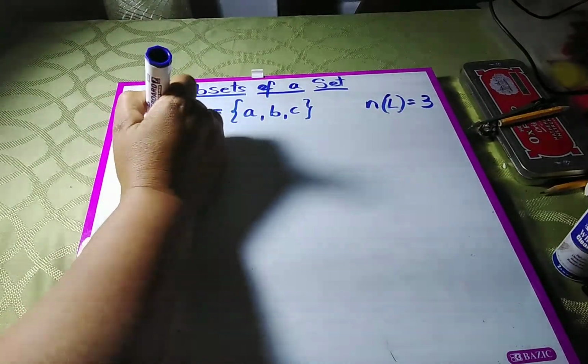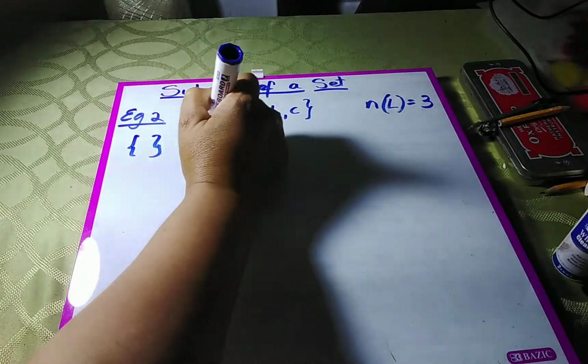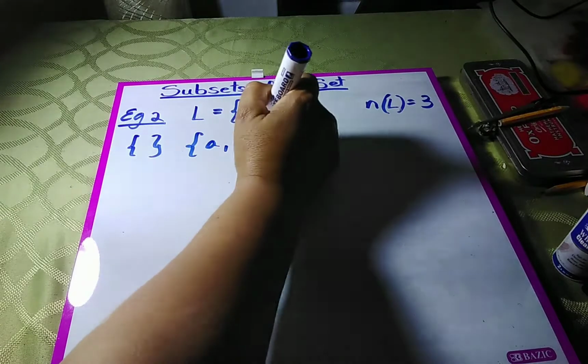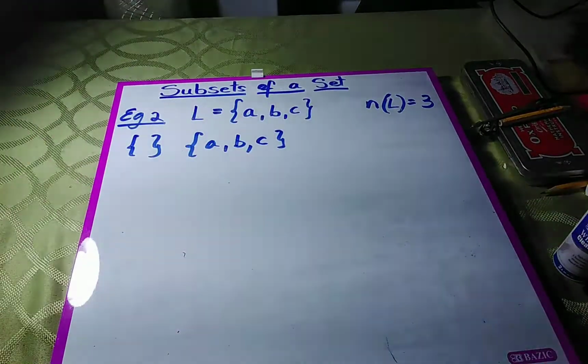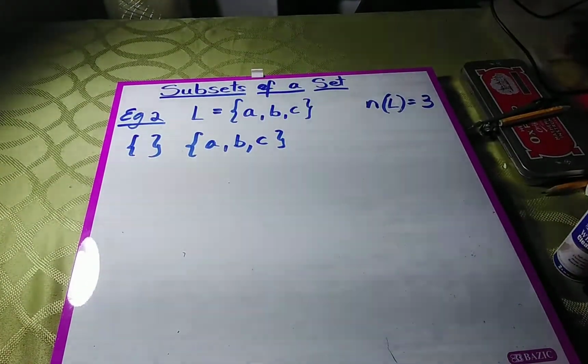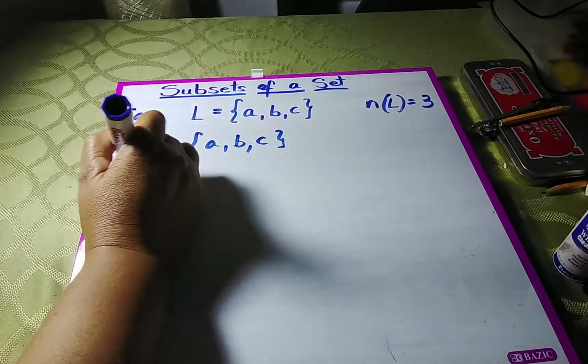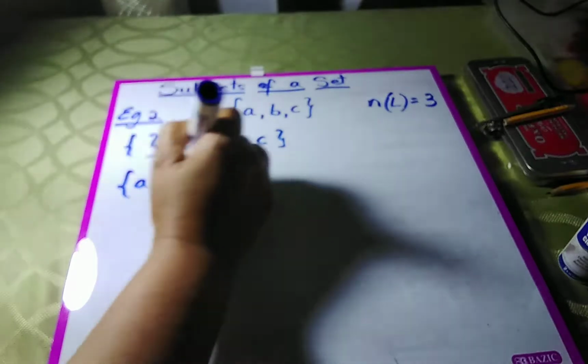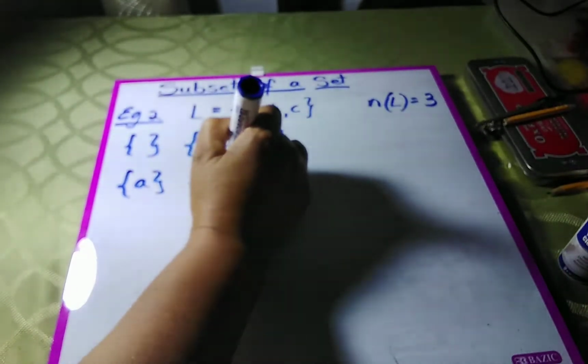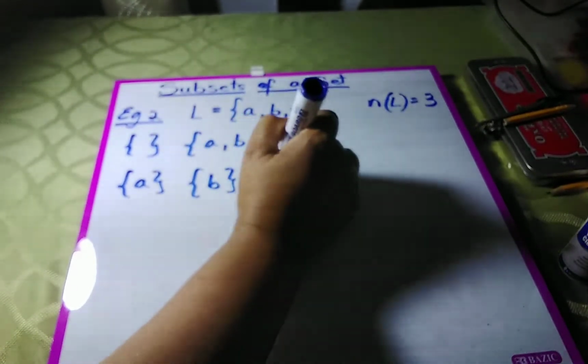The null set and the set itself, which is A, B, C. Then we list each element of the set as a subset: A by itself, B by itself, C by itself.